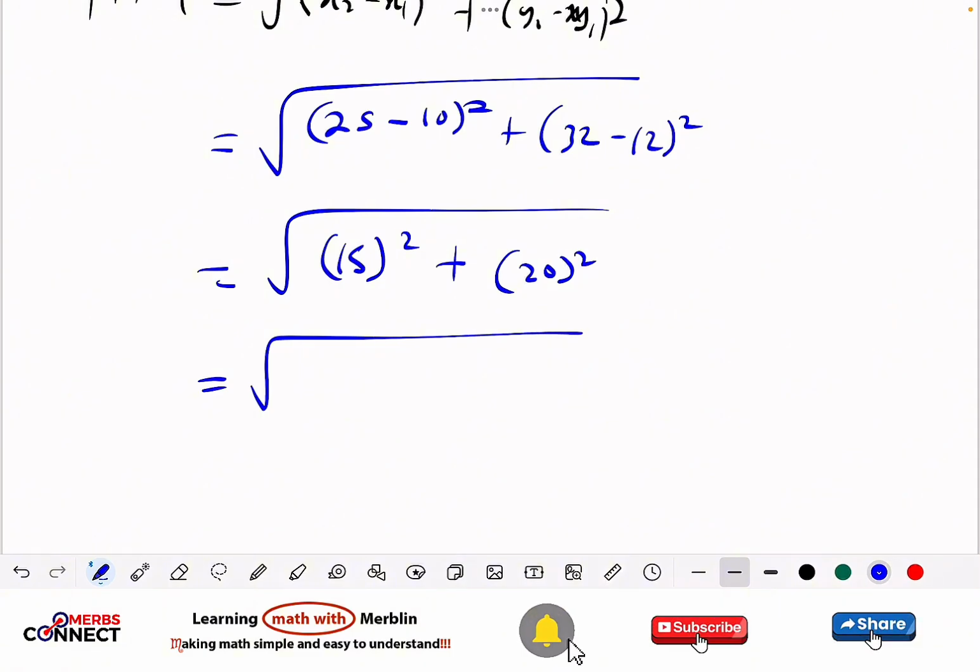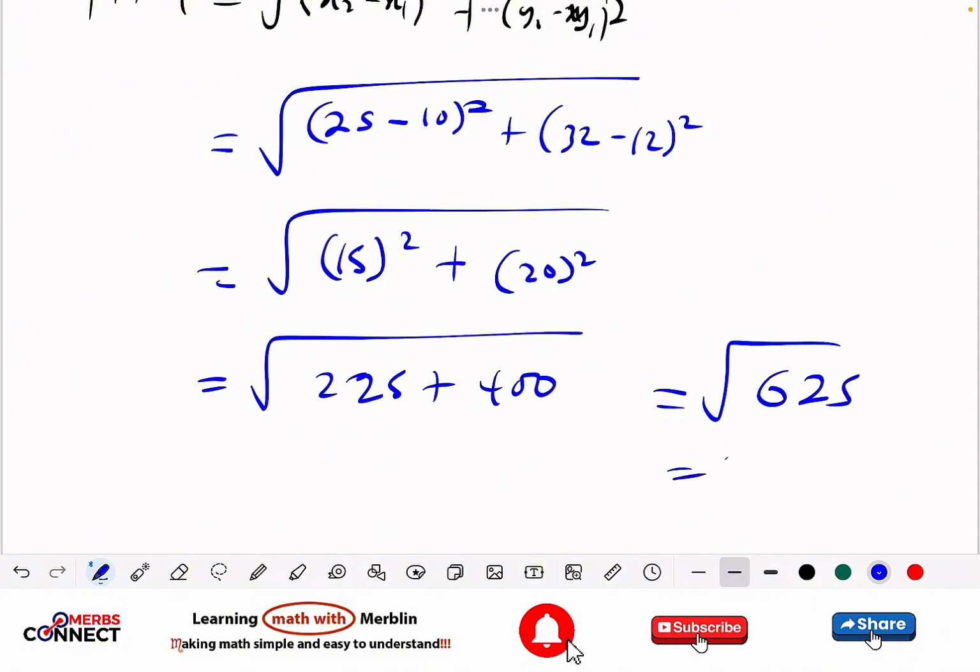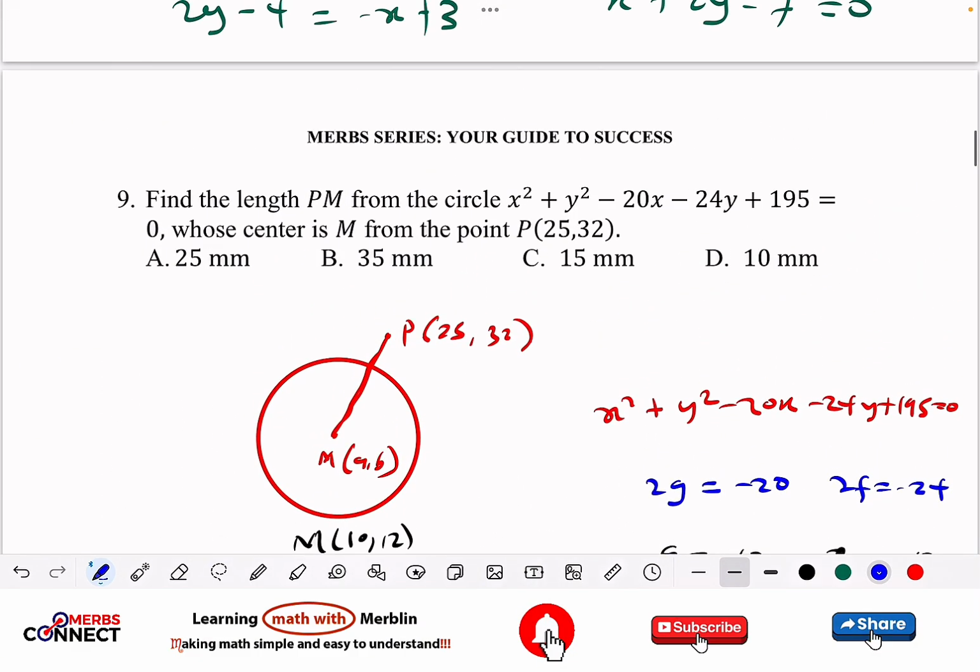Let me use the calculator to check. 15 squared is 225, and then 20 squared is 400. So add them and take the square root of that. So this is going to be the square root of 625, and I think this is supposed to be 25. Let me confirm. Of course, this is 25. So let's see, the one that has 25 is this one here.